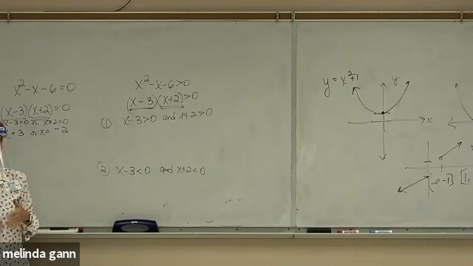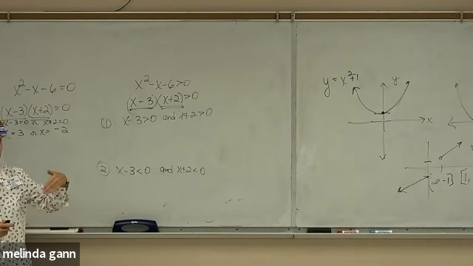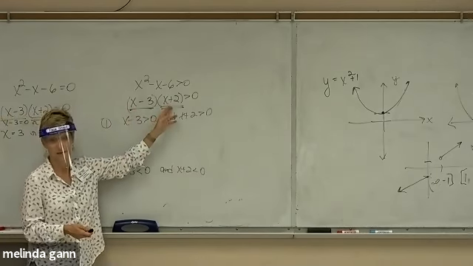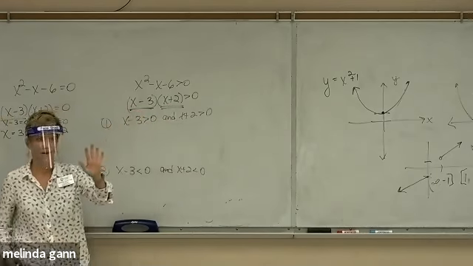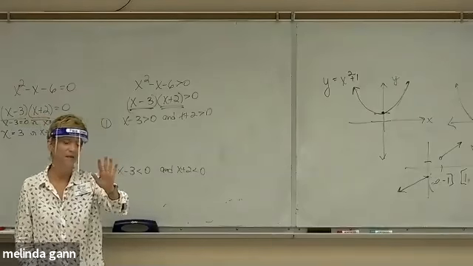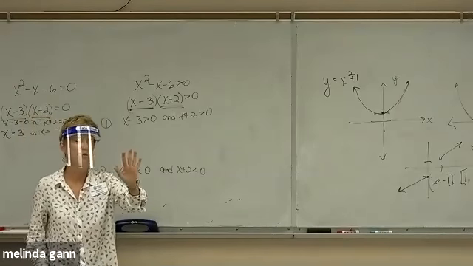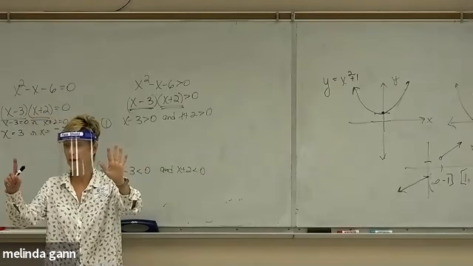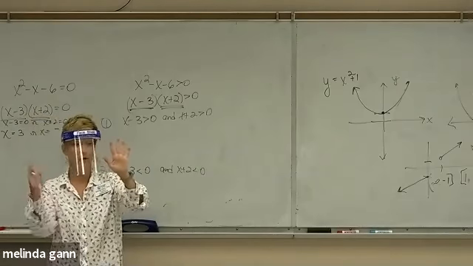Now, the only problem with cases is by the time we get to the third test, they're going to be like 5 of these things. Now think about it. If you had 5 factors, how could the answer be positive when you multiply them all up? What's one possibility? They're all positive. Okay, what's another possibility?